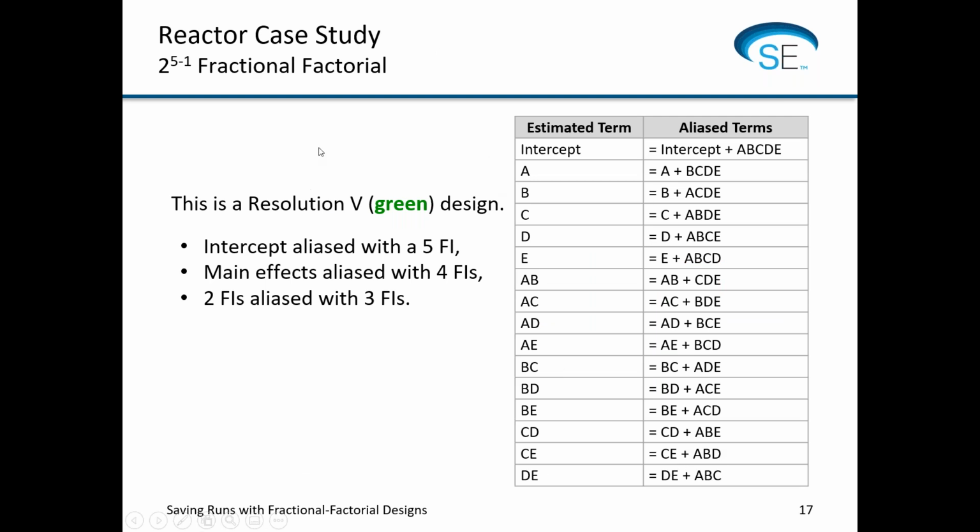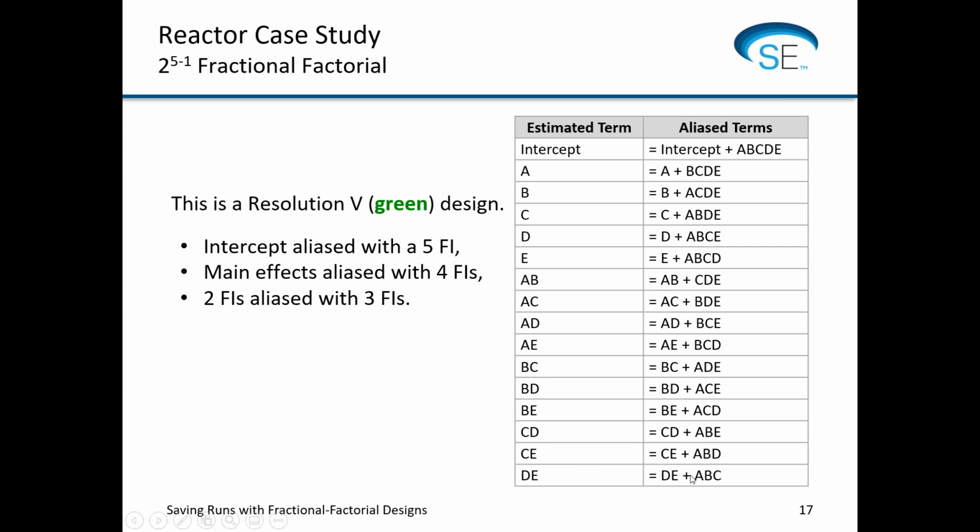Okay. If we go up to a green design, resolution 5 design, then green means go. So you've got to be thinking, okay, this should be a good design, and it is. Your main effects are aliased with 4-factor interactions, so I've shown these here. And 2-factor interactions are aliased with 3-factor interactions.